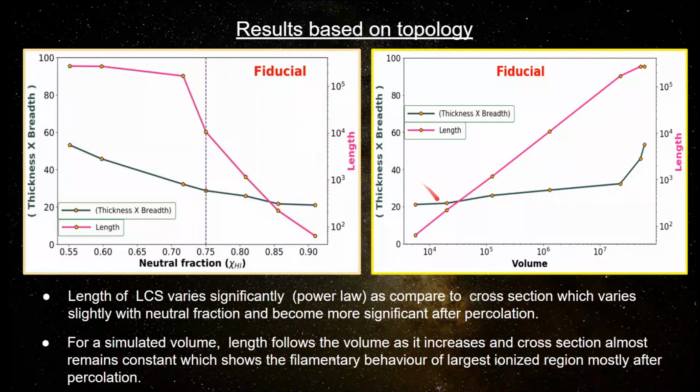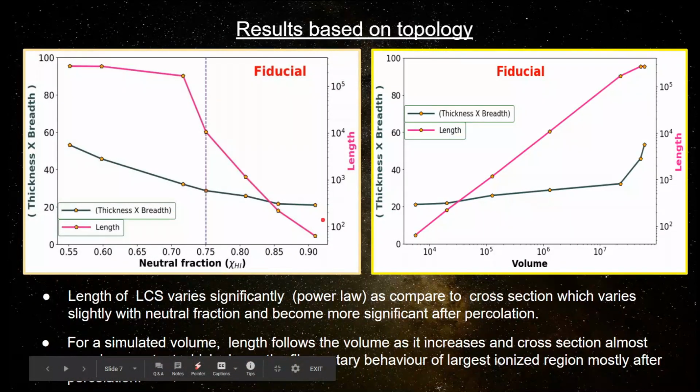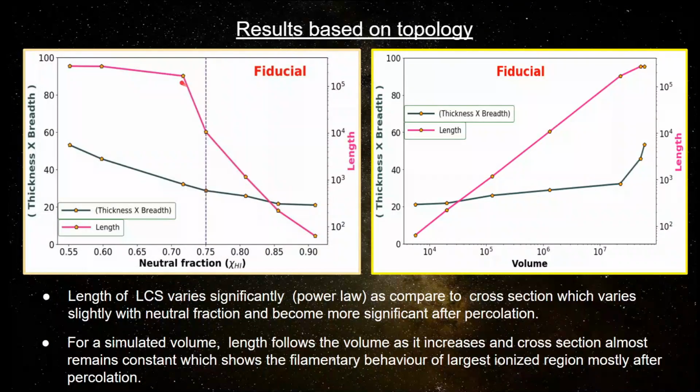These two results show the topological evolution obtained from the shape finders. We have plotted the cross section and length against the neutral fraction and volume respectively, where length is in log scale and cross section is in linear scale. We can see that the length of the LCS varies significantly as compared to the cross section, and thus we can infer that there is a one-to-one correspondence of length with the volume.